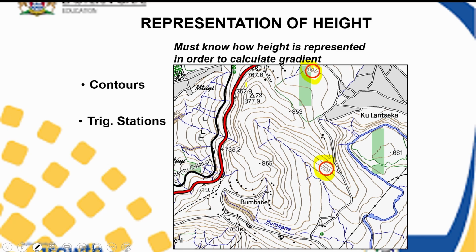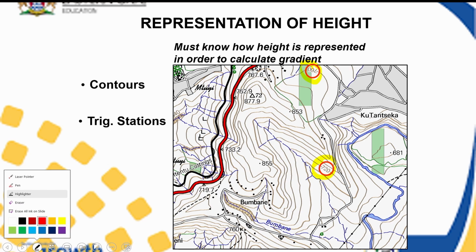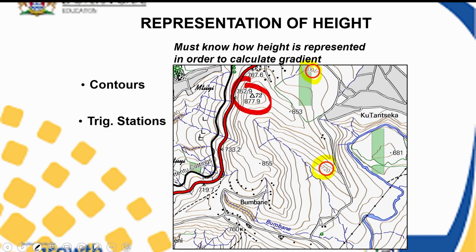Secondly, we've got the second indicator for the height in a map. It is the trig station. A trig station has got 2 numbers in it. That's where the learners usually have a problem.